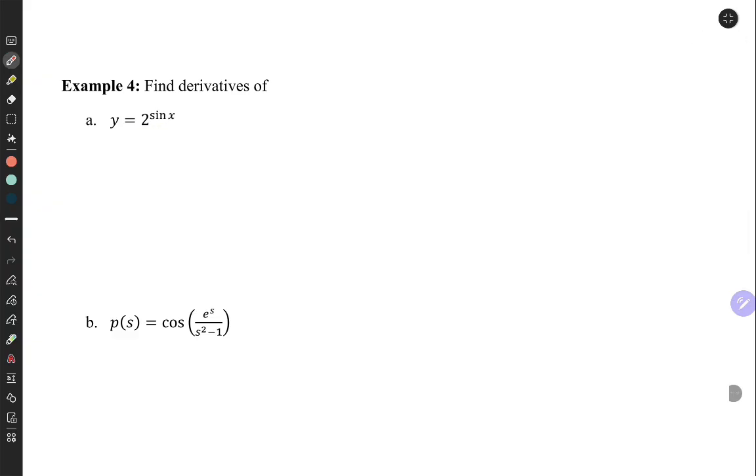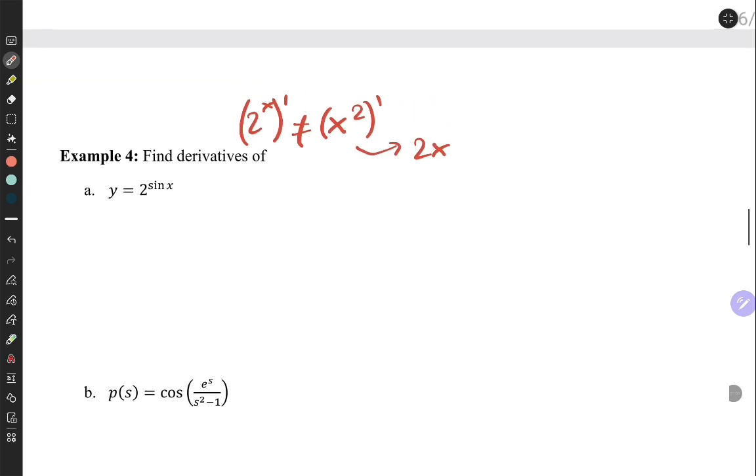Clearly, first of all, this is not the same as this. They are not the same. I said that from the beginning. Therefore, their derivatives are not the same. This one gives you 2x, right? This one gives you 2 to power x times ln of 2. Derivative is not the same. Completely different function.